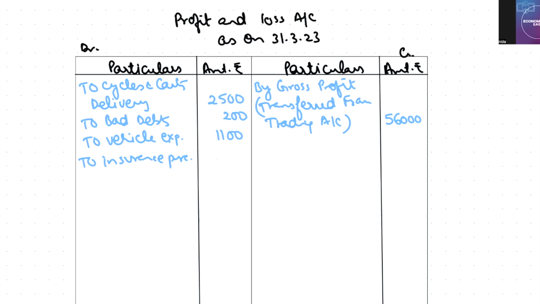Okay. Then to salaries, 900. This whole question is of 10 marks, right? To petty expenses. All the indirect expenses, okay? On the debit side. To godown rent. In comparison, you can say to trading account.